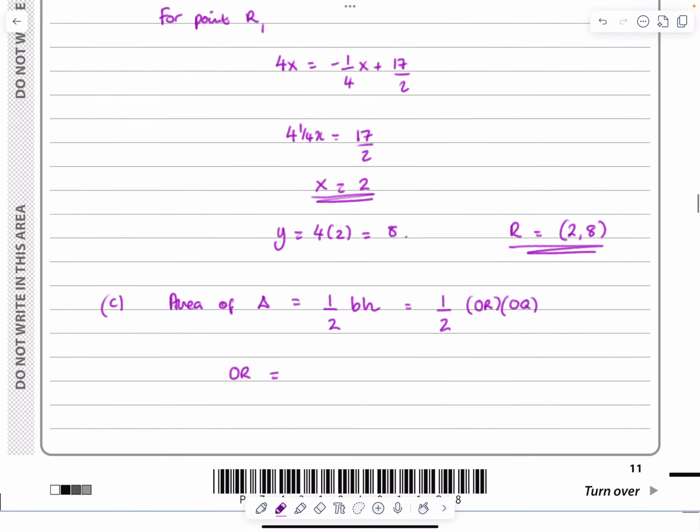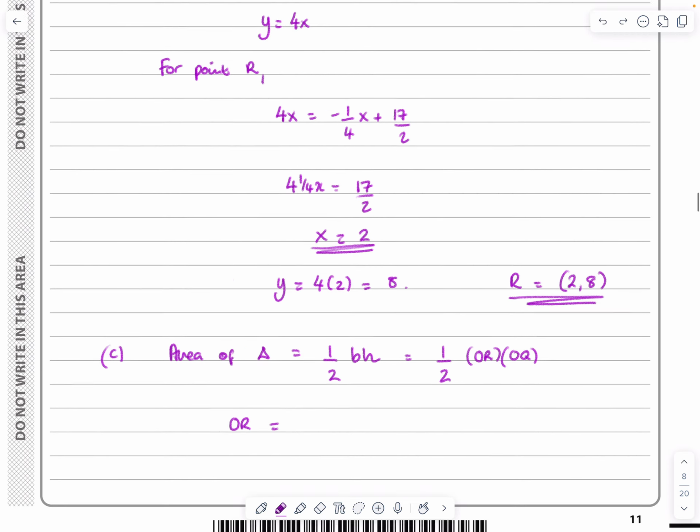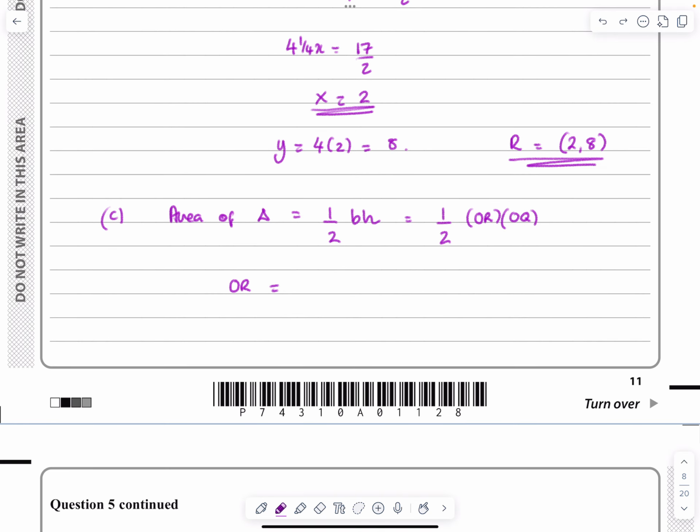OR then, we'll just talk about for both of them, but OR is the length of this one. That's just going to be using Pythagoras, y2 minus y1 squared, x2 minus x1 squared. The same when I'm working out PQ. PQ is just going to be using exactly the same formula to work out the length of the line. So I say we'll do OR first. That should be PQ, sorry, not OQ.